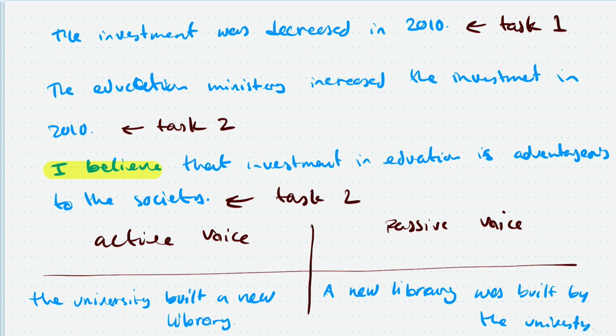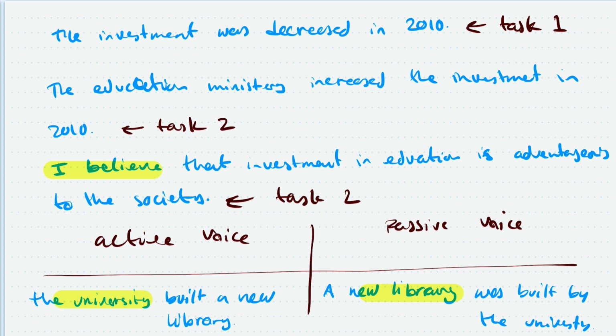So to recap, the first sentence is more about the university that did this action. So maybe you're talking about the university itself, different things that it has done. In the second one, the passive one, you're really talking about the library. So then that is where the action is being performed on the library.